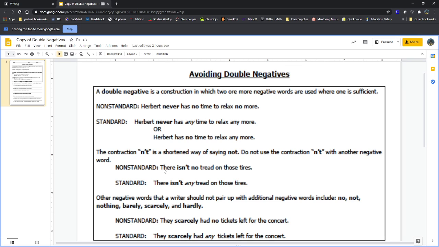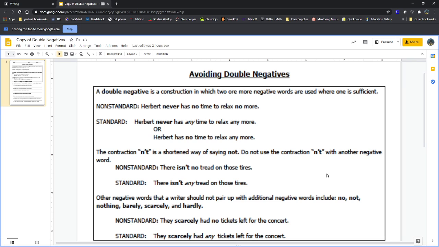So an example would be, there isn't no tread on those tires. And people think, oh, I'm only using one negative word. No. But they forget that the word isn't is negative because it has this contraction at the end. That means not. So isn't is a negative word and no is a negative word.